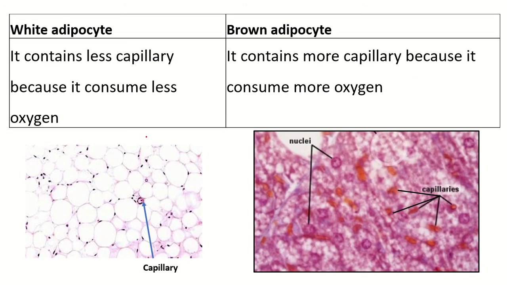The white adipocyte contains fewer capillaries, and the brown adipocyte contains a large number of capillaries.